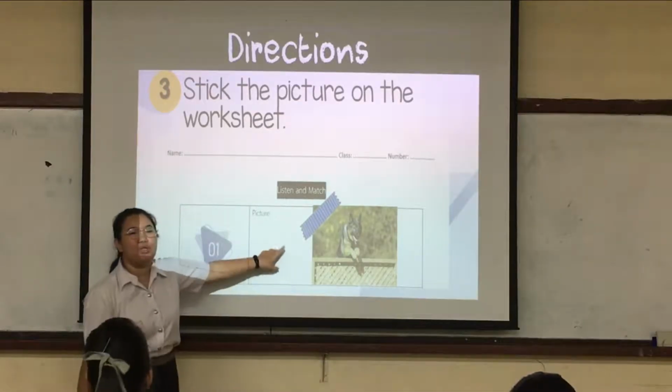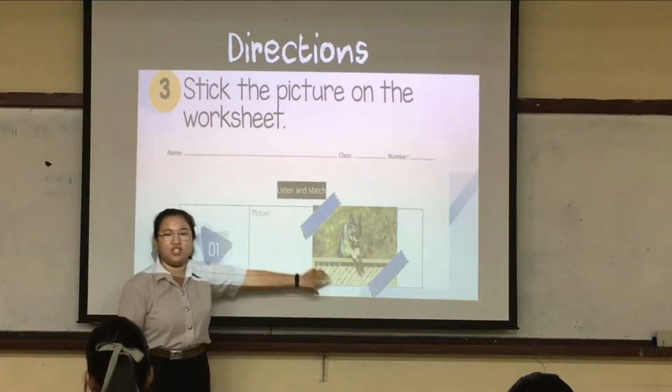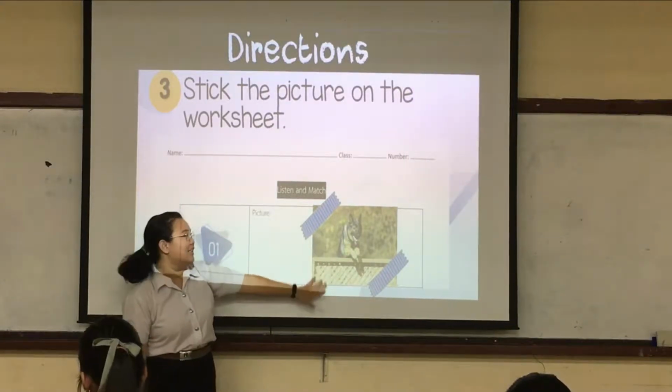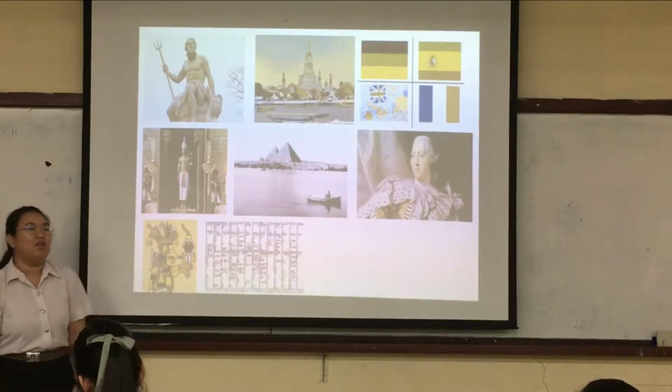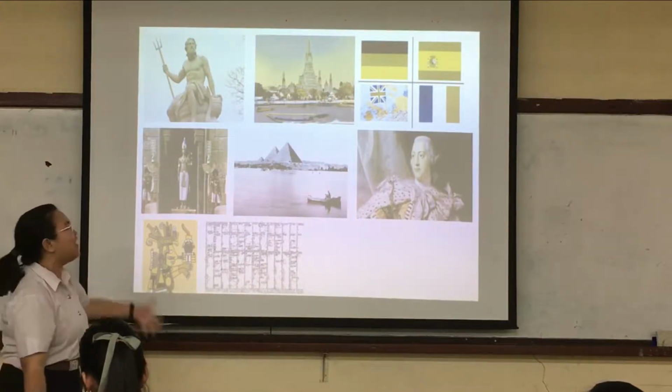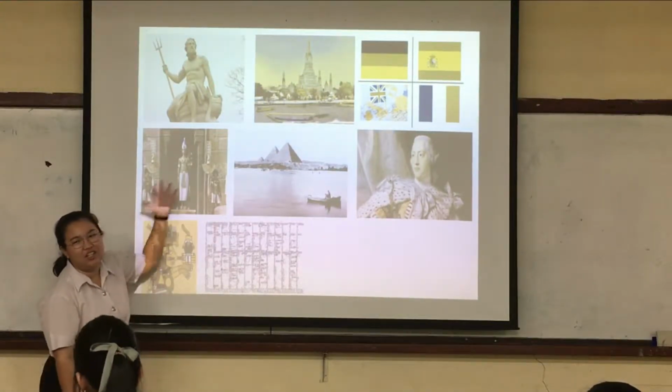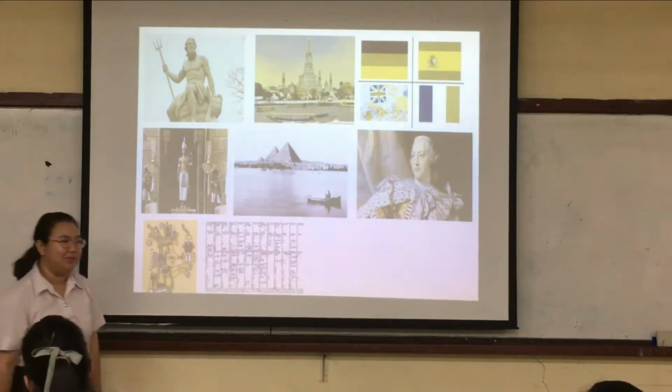See, you guys will use the tape to stick the picture on the worksheet. You can do it like this. Yeah, if the picture is not clear, you can see it here on the screen right now.